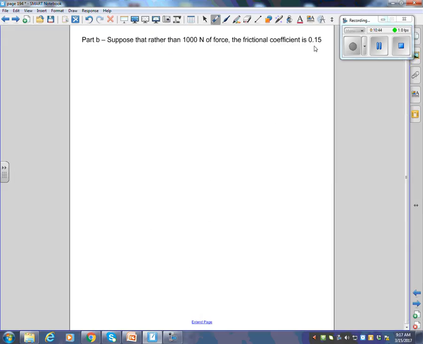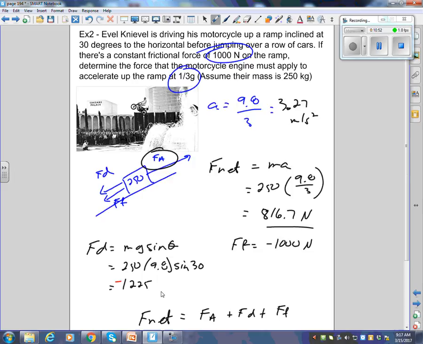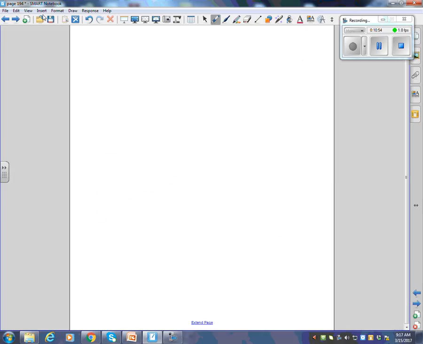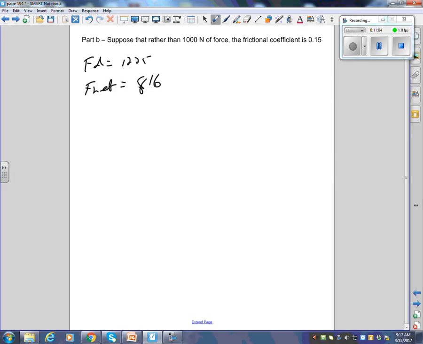All right, so how do I solve for this? Let's assume that the FD is still that same number, 1225. And the F net was that 816.7, right? But now let's try to come up with a friction force given the frictional coefficient.